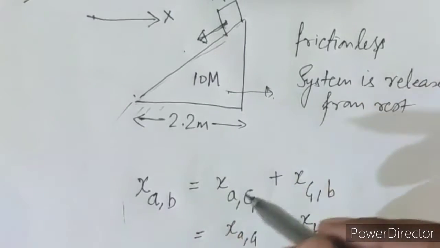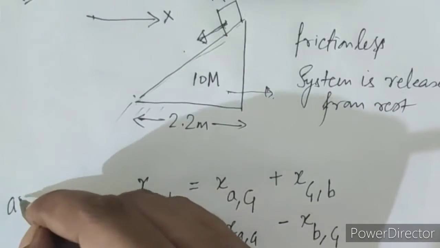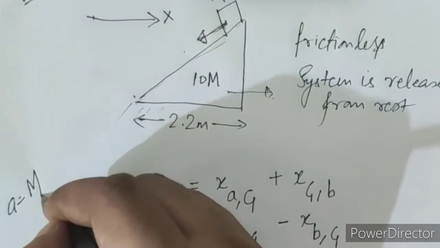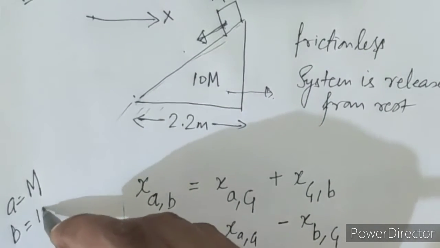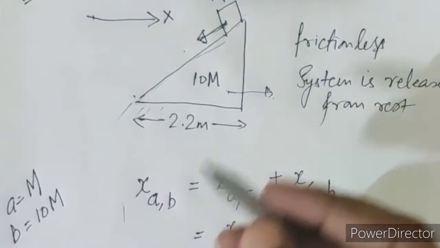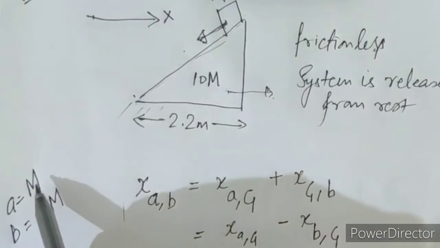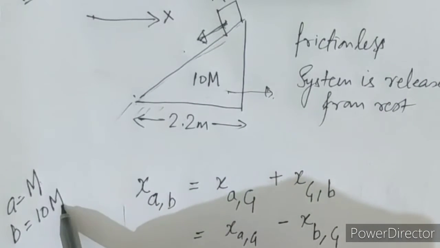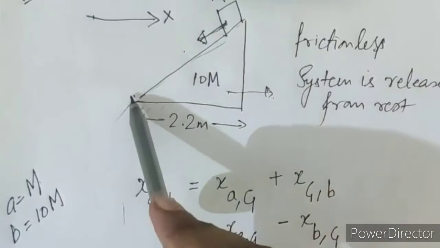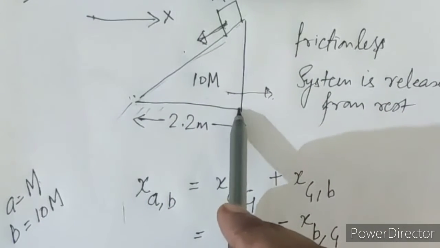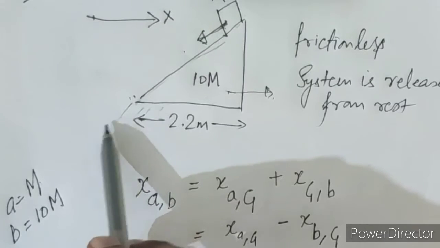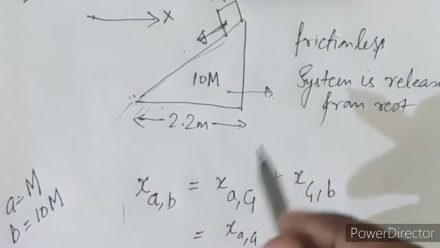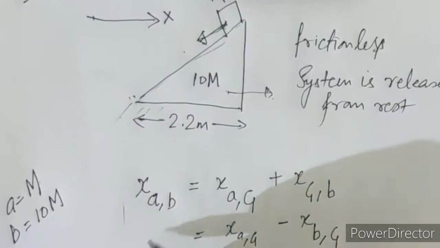Now say A, in our case, is the small body of mass m, and B is the bigger mass 10m. So m is moving with respect to 10m. If it moves down till here, it will go in the negative direction by 2.2 meter, so it will go minus 2.2.